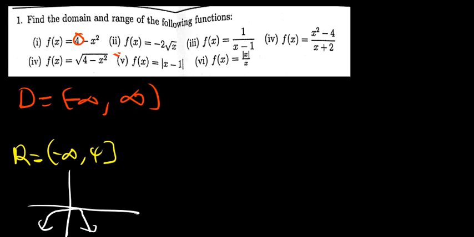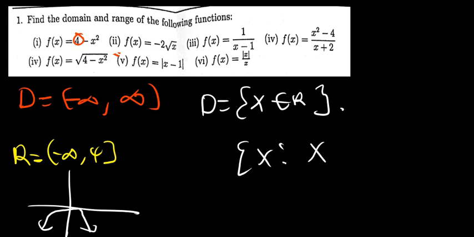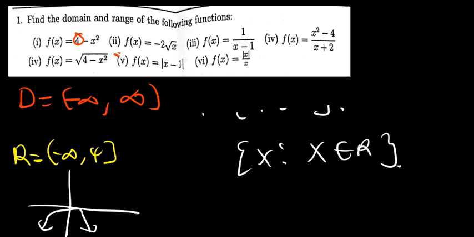You can just say the domain will be x is a member of all real numbers, or you can say x is such that x is a member of all real numbers. I think this will be better than that one.